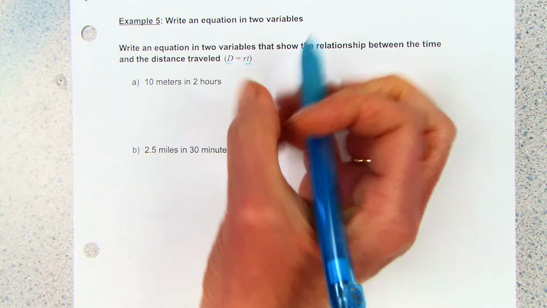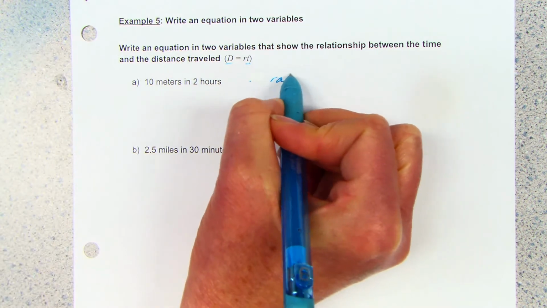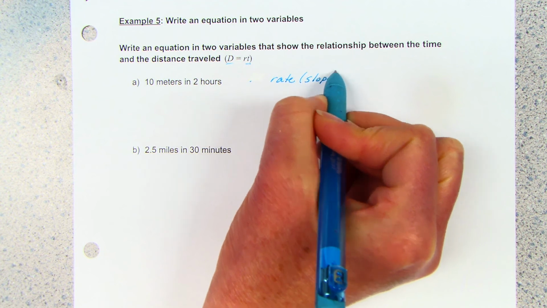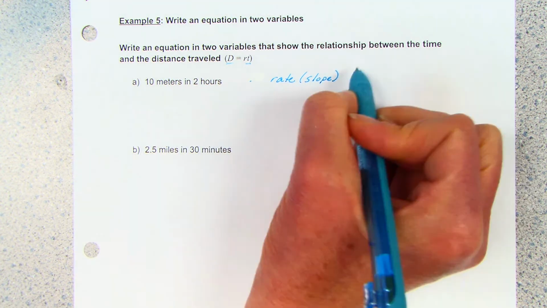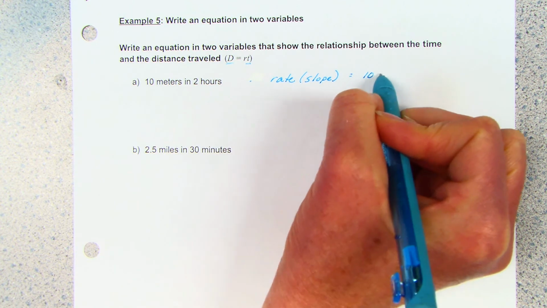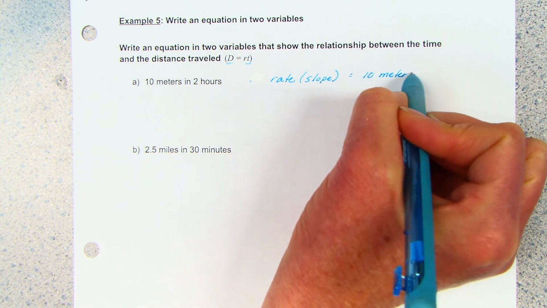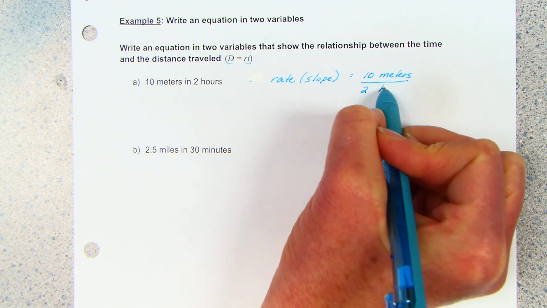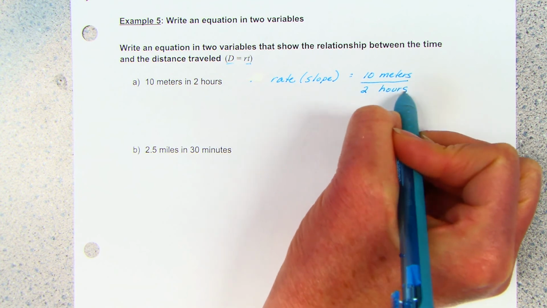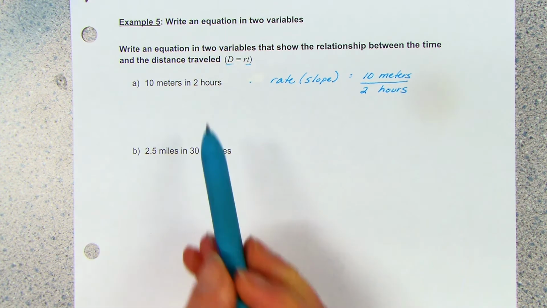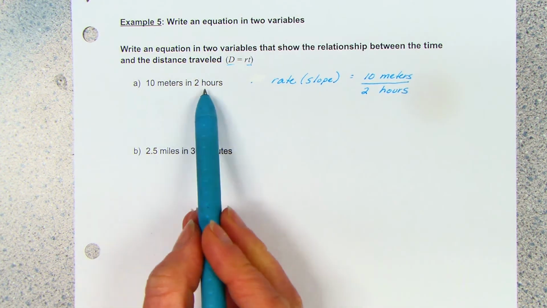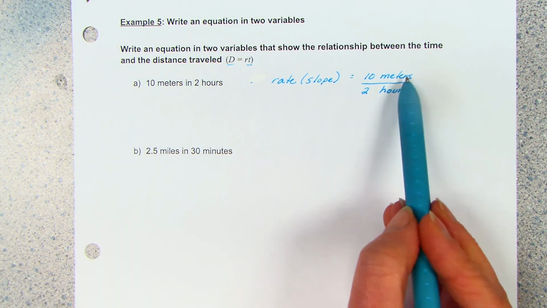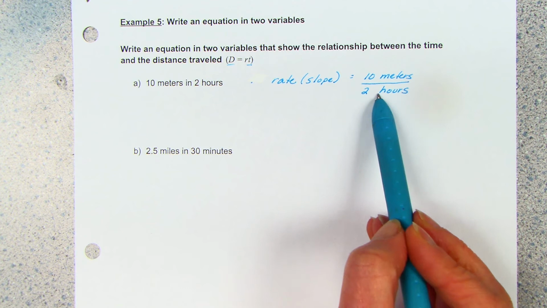Okay, so the rate, which is also the same as the slope, because the slope is a rate, the rate is 10 meters per 2 hours. Think about that. The rate that whatever this is moving is 10 meters in 2 hours. So I write that as 10 meters per 2 hours.